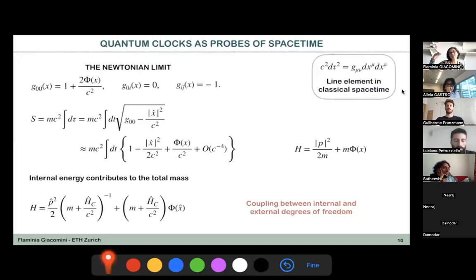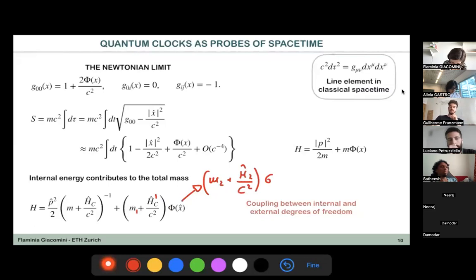I want to look at the next order in perturbation theory, at the coupling between the two clocks, which would be hc. Maybe I can write it. So let's say this is 1 and this is 2: m1, m2 plus h2 divided by c squared, and everything is multiplied by G and divided by x.